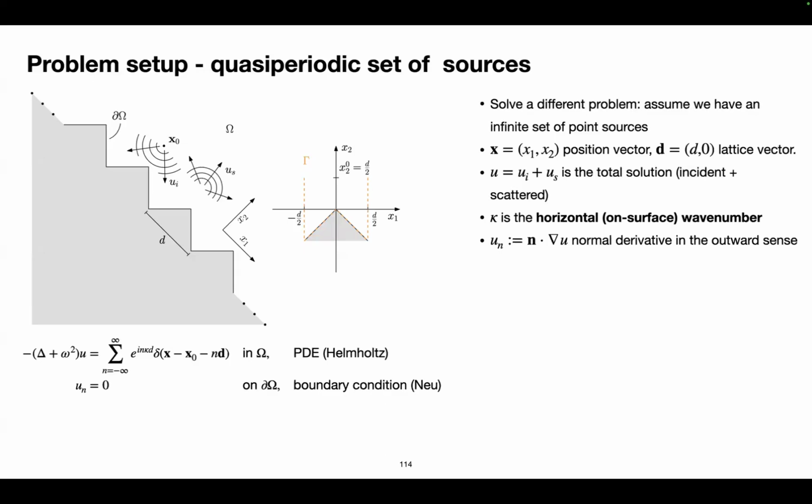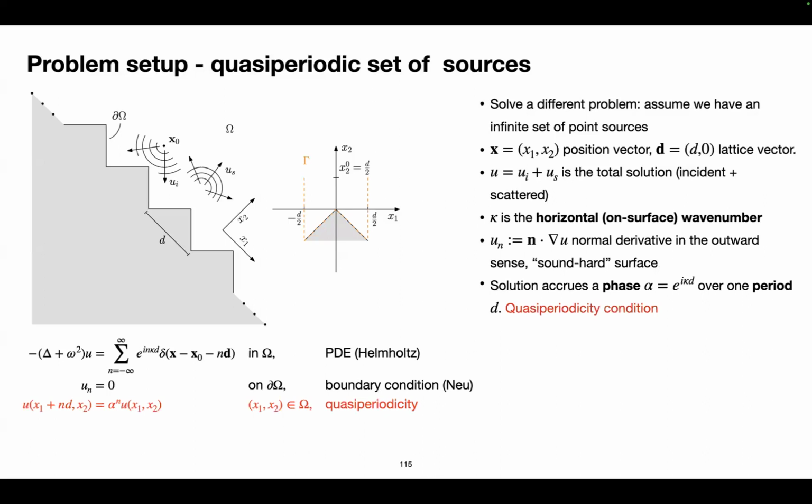Apart from the PDE, I have a boundary condition, which expresses that this set of stairs is sound hard, so sound cannot penetrate it. It's going to be a Neumann boundary condition. Again, you don't have to worry about this too much. And I'm going to introduce a concept called quasi-periodicity, which means almost periodicity. Because of the symmetry of the problem, the solution is going to have certain properties.